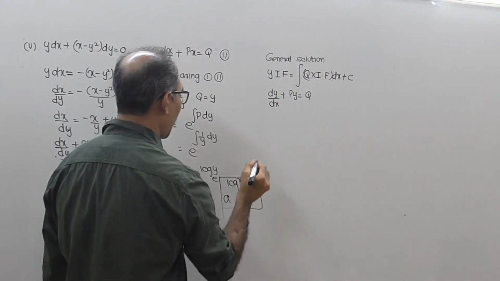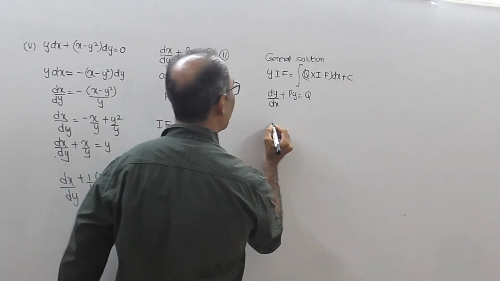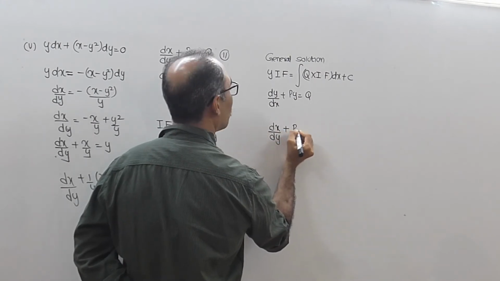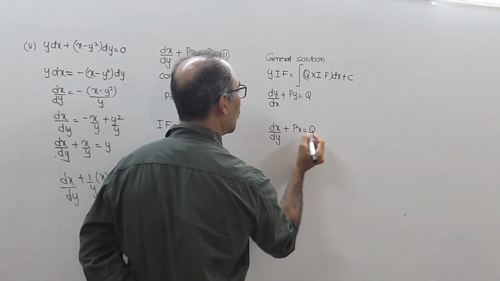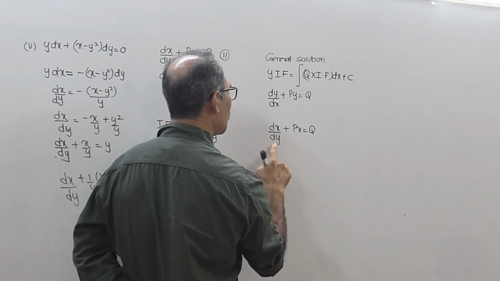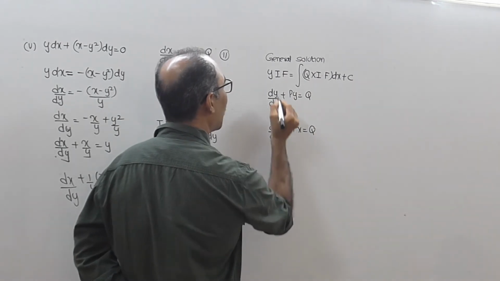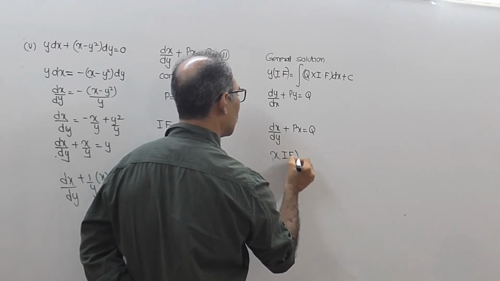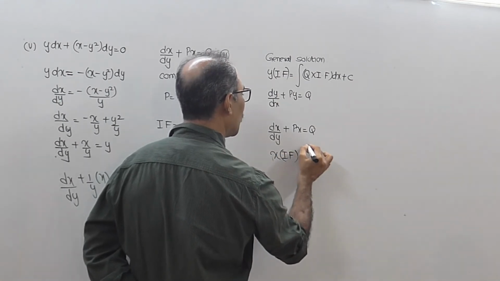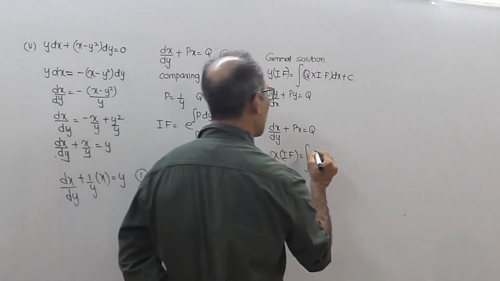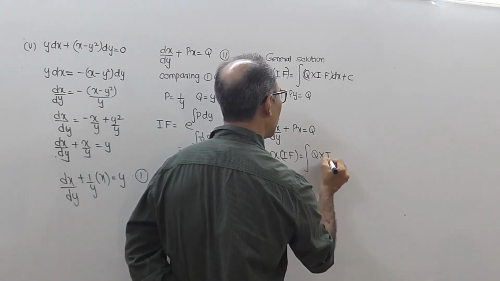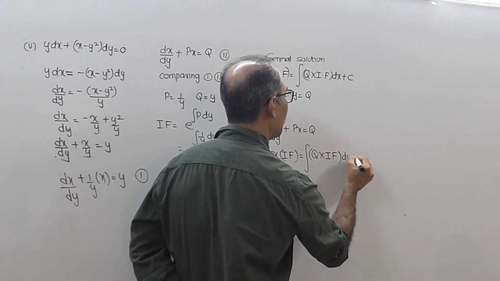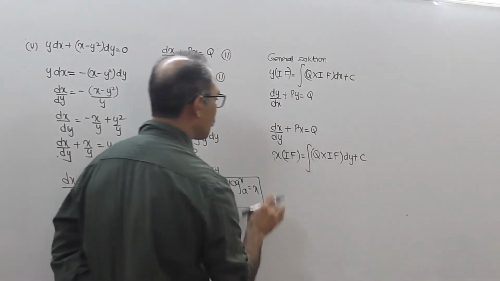But what is my format? My format is reversed. My format is dx upon dy plus px equal to q. So its general solution will be, instead of y integrating factor you will have x integrating factor equal to integration q into integrating factor dy plus c.